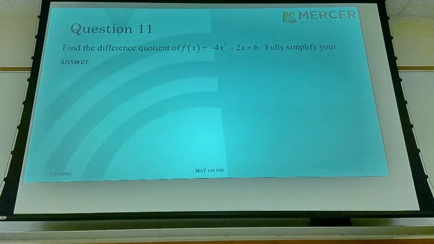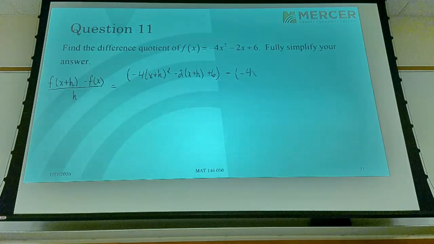Now we're looking at a quadratic. f of x plus h minus f of x, all over h.